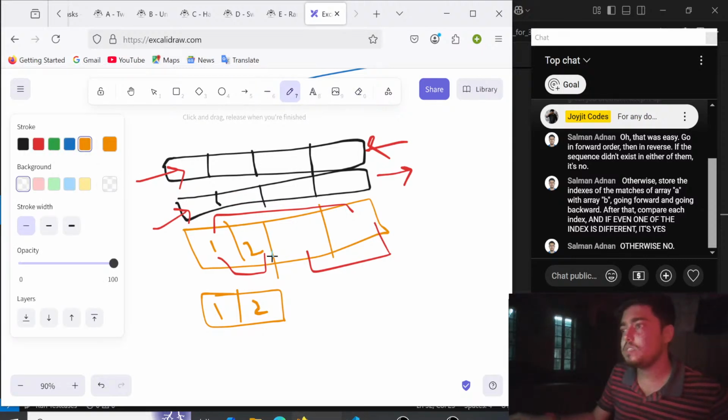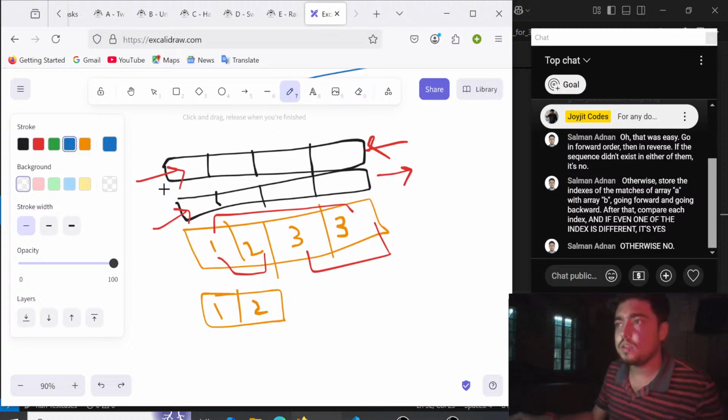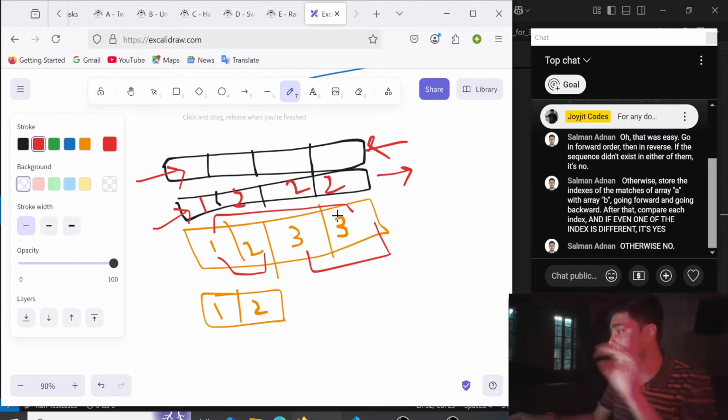Now what I will do is I'll make it 3 3. Now since it is 3 3, for 1 and 2 it is okay. It is going to be 1 2, right? I use a different color basically, red I was using, right? So 1 and 2 it is okay. Then from 3 it is the same as I did earlier. So from left to right it is the same.